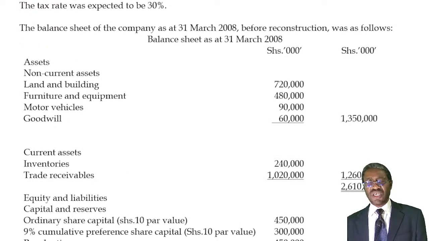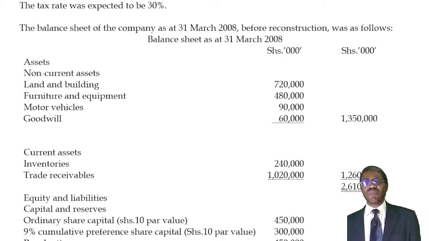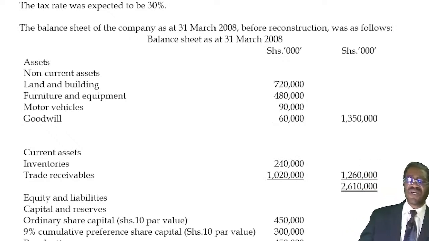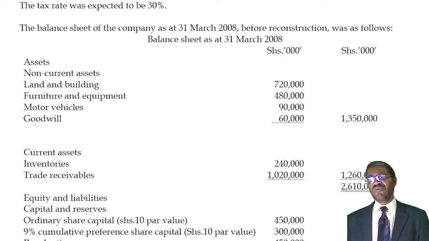After that, you are given the balance sheet of the company as at 31st of March 2008 before reconstruction. You are given the assets, among them non-current assets: land and buildings, furniture, motor vehicle, goodwill. Among the current assets, you have inventory, trade receivables.